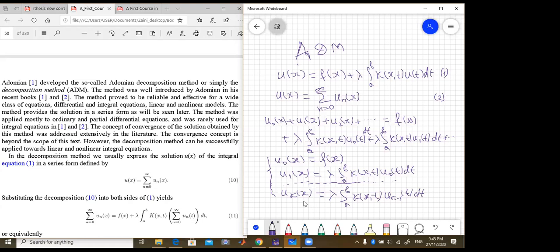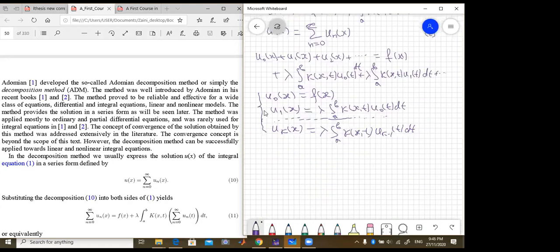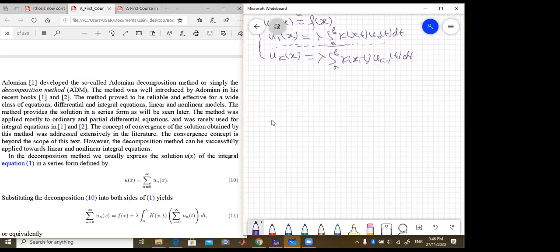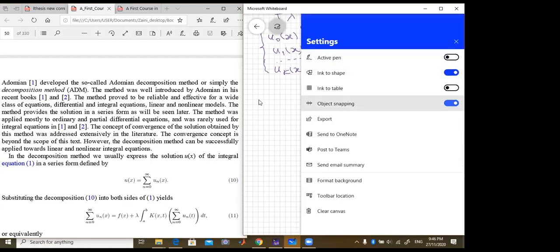And of course, in the paper I have seen that there is a theoretical improvement, or theoretical proof, that the modified decomposition method is better than the standard one. Let me show immediately the modified Adomian decomposition method, and then we will apply it to the examples. Okay, I just leave it like this. Now, let me show you the modified one.